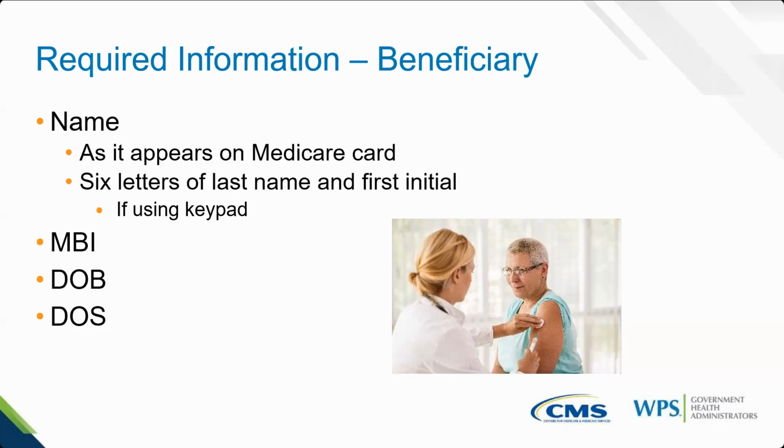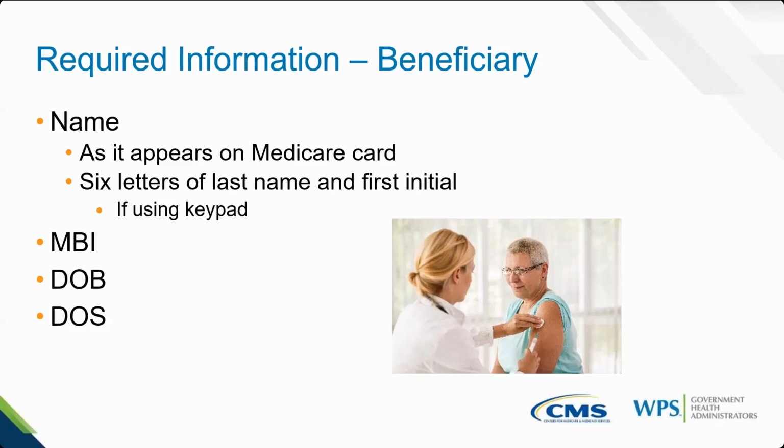If you're using your keypad to enter the patient's name, you're going to enter numerical equivalents for the first 6 letters of the last name and their first initial. We also need the patient's Medicare number. These days, that's known as the MBI, Medicare Beneficiary Identifier.